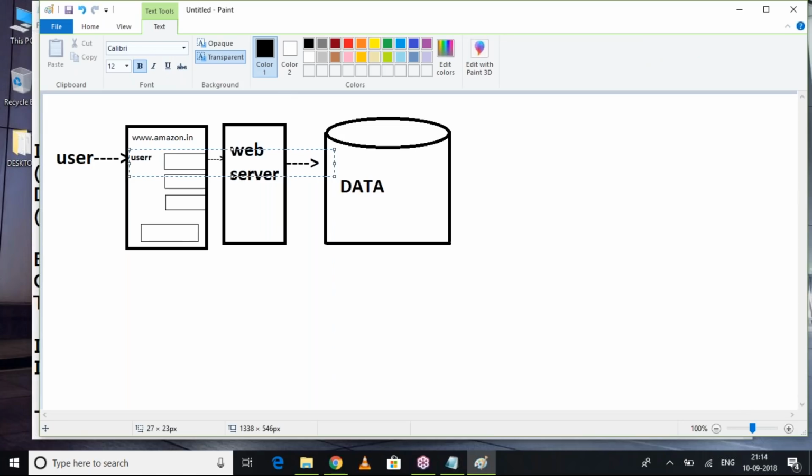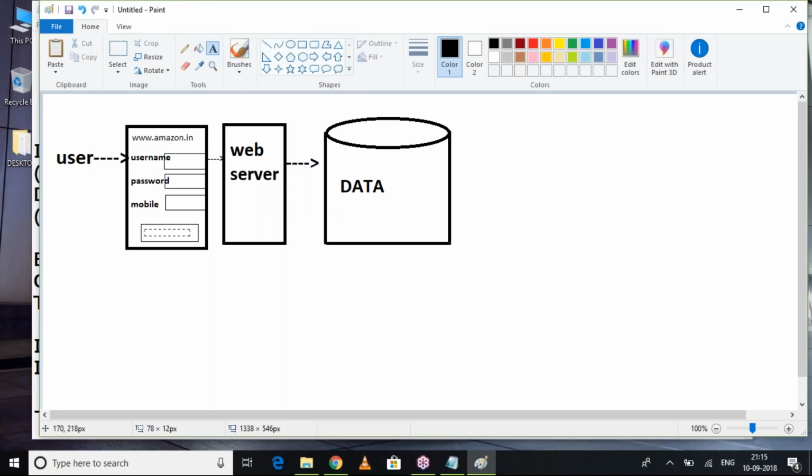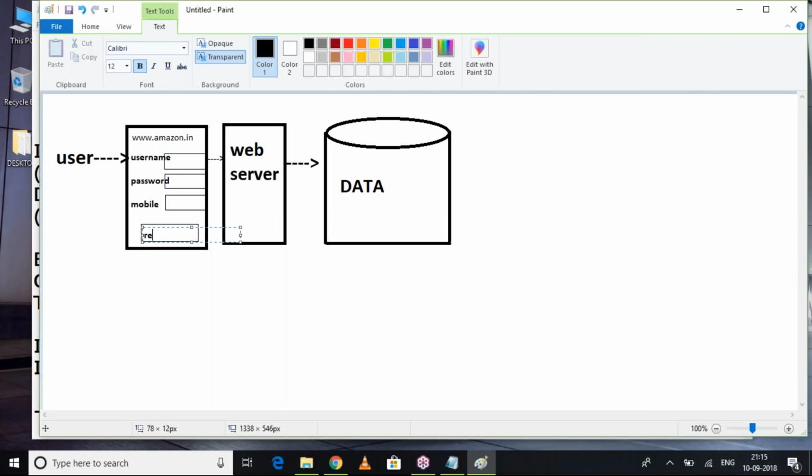So what is the username? And the next one is the password, and then the mobile number. I want to register with the business. After the mobile number, here I should hit register. So I have to type the username, the password, and the mobile number. At last I have to hit register.